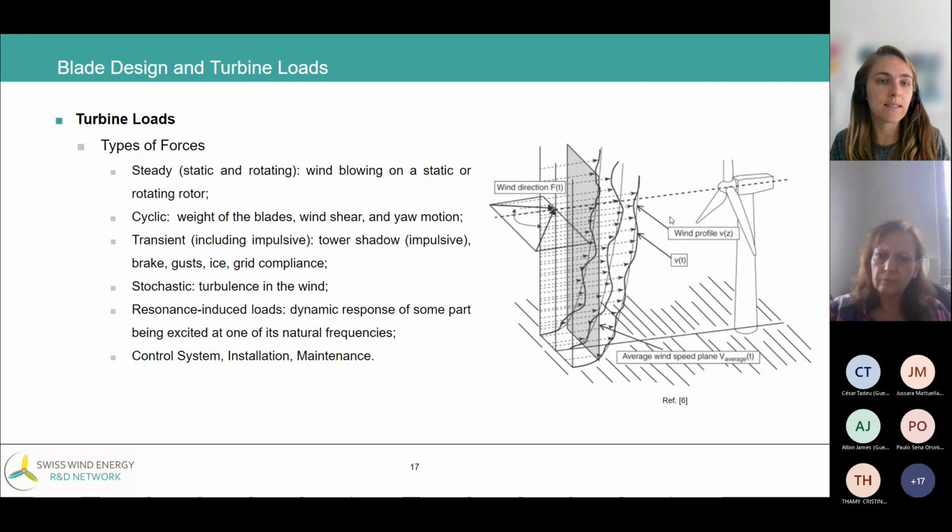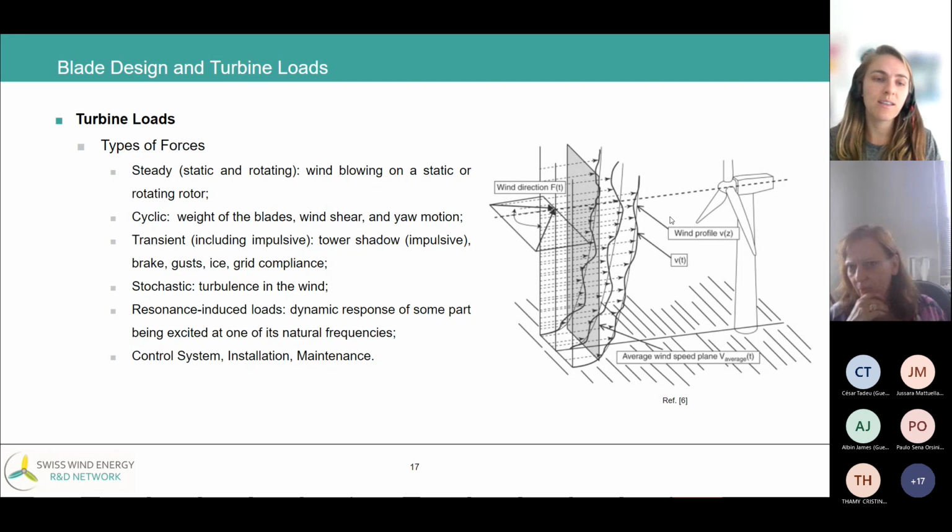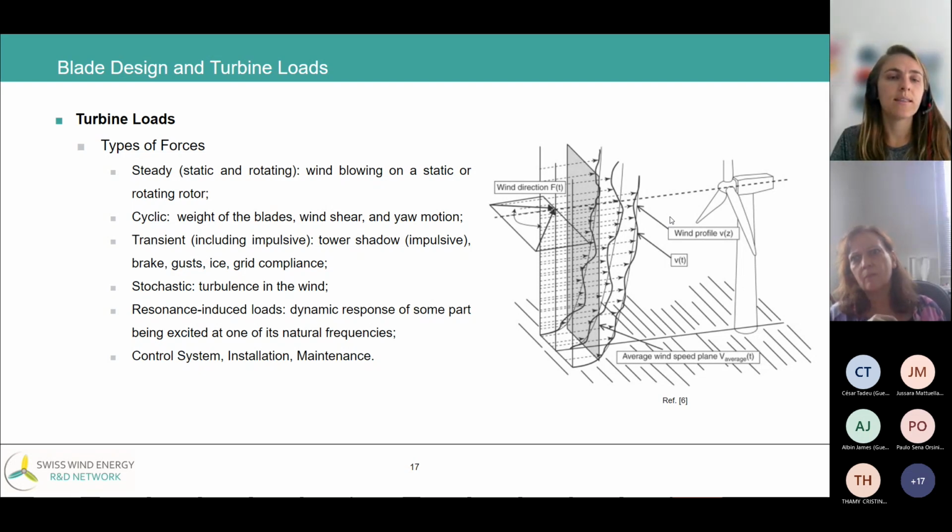And the main one, of course, is the weight of the blade, because you can imagine that in some positions the weight is in the same direction as the rotation. On the opposite side it will be opposite. So sometimes the weight is helping, sometimes the weight is not helping. And once the blade is aligned with the tower, the weight is on the radial axis. Also, wind shear causes cyclic loading.